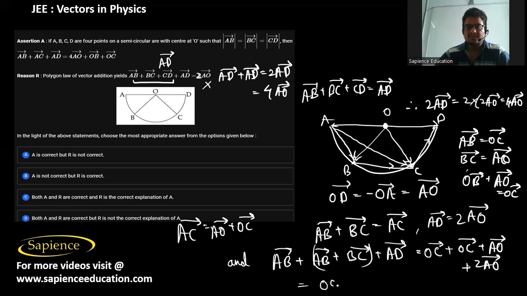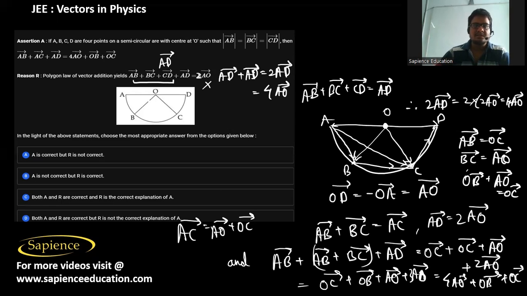Since OB plus BC is equal to OC, it means OB plus AO will also be equal to OC. So this we can write OB plus AO plus, here already we have 3AO. So this will be equal to 4AO plus OB plus OC.